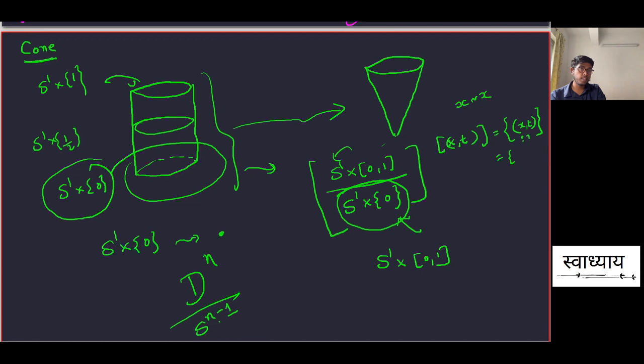So x is varying on the circle, and otherwise it's one point. And that precisely we call a cone. So this is the definition. If I have any topological space X, consider X cross [0, 1].